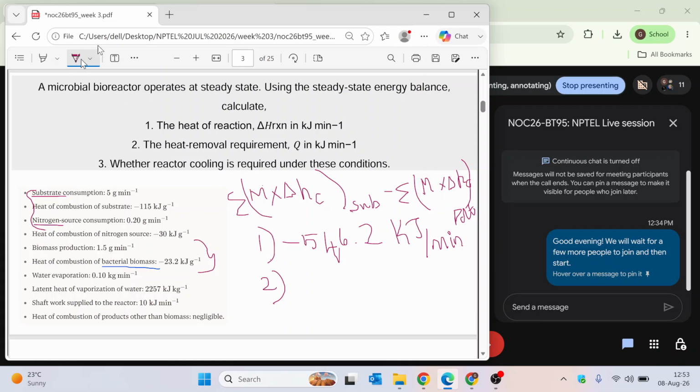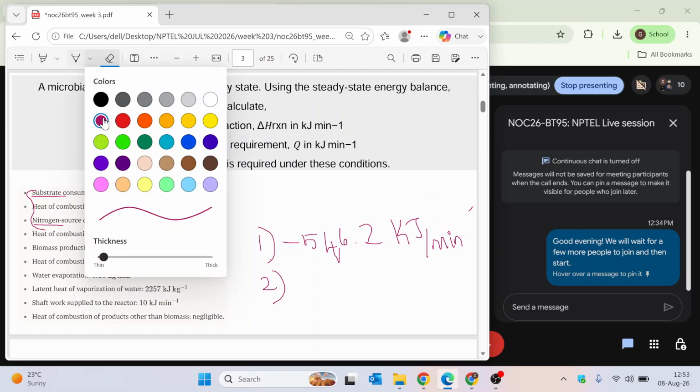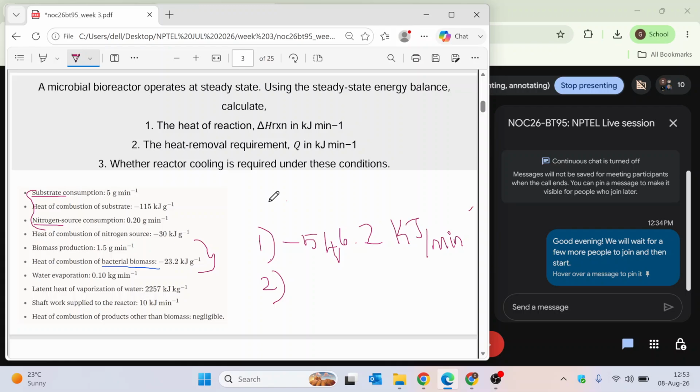So the formula that you have to be using here is the steady state energy balance equation.